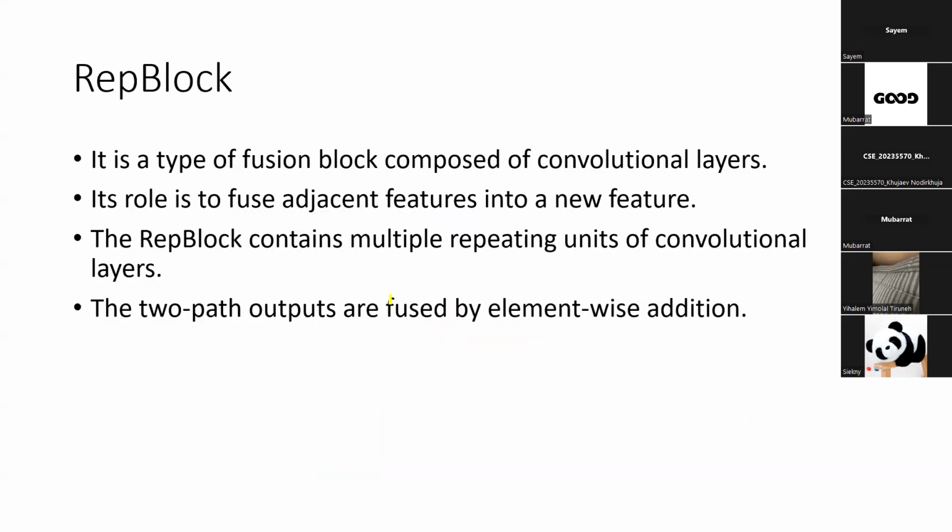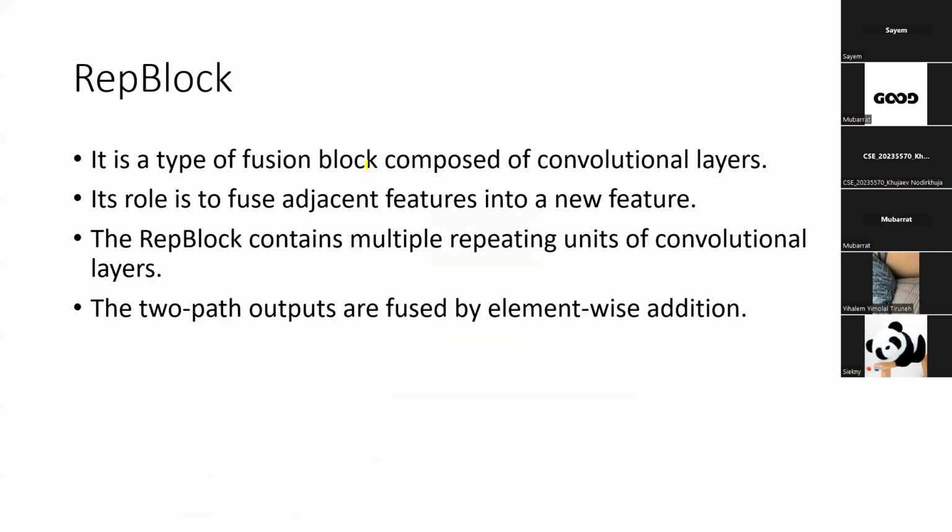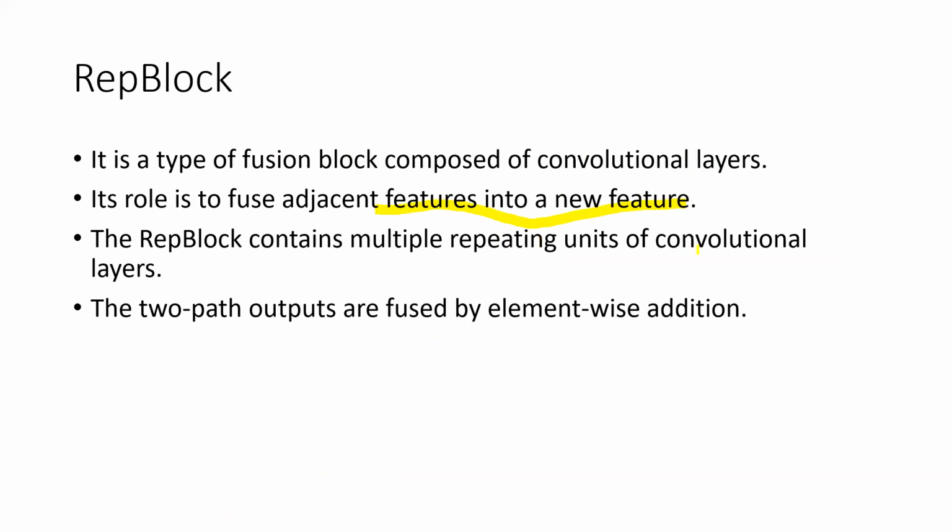We have seen a wrap block here. So what is a wrap block? A wrap block is a type of fusion block composed of convolutional layers. It's just a convolutional network which fuses all the features and combines the features between the layers, and it contains multiple repeating units of convolutional layers.